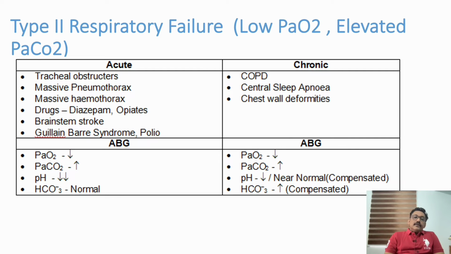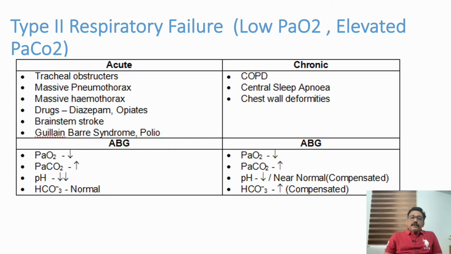So here the chronic conditions are very important, which produce low PaO2 and elevated PaCO2. Whereas in the acute condition the changes are not like chronic conditions. They are similar to type 1 failure, but some patients go to type 2 failure.